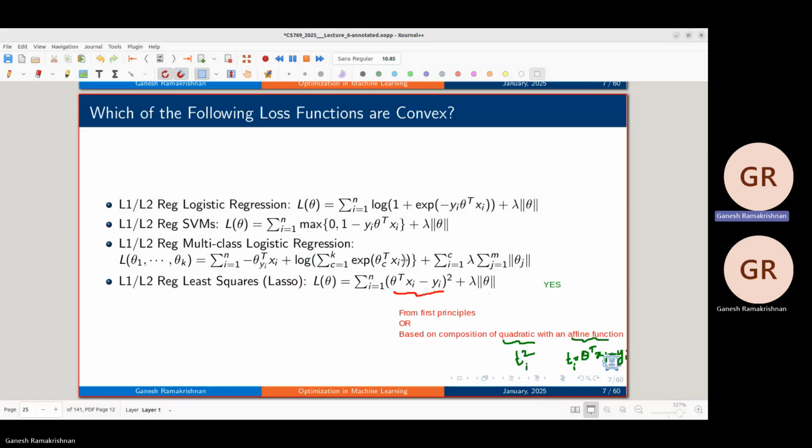Is it strongly convex? The first component is always strongly convex. Even if you use an L1 regularizer here, this part is always strongly convex, so you don't need an L2 regularizer in the case of least squares. In fact, if it is L1 regularized, it's called lasso.